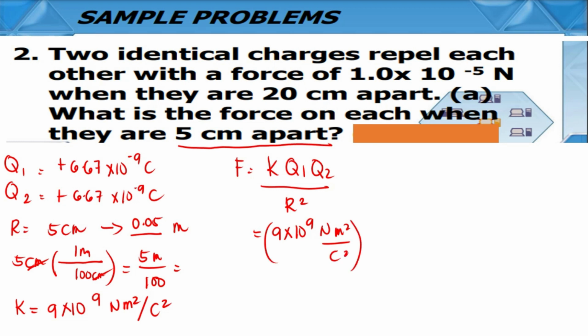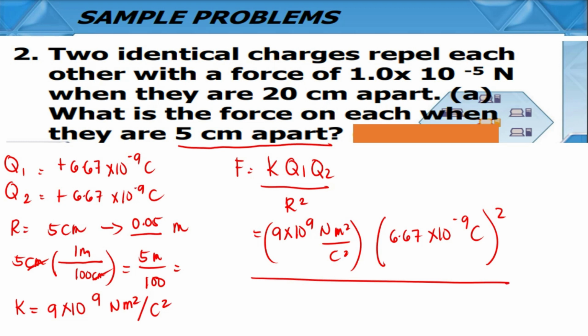Since we have identical value for Q1 and Q2, we can say that it can be 6.67 times 10 raised to negative 9 coulomb raised to 2, since pareho naman siya ng value, over R, which is 0.05 meters squared.